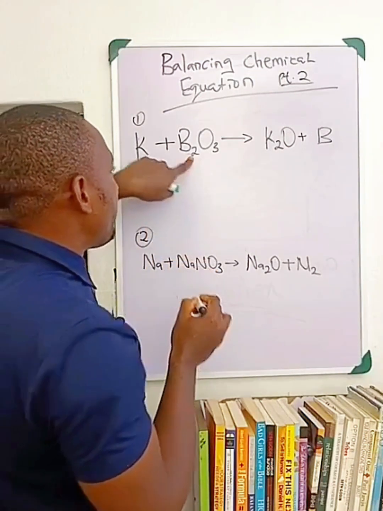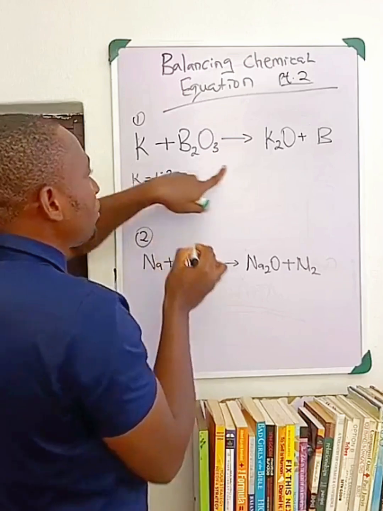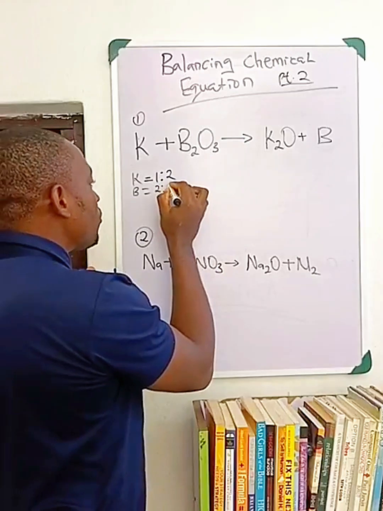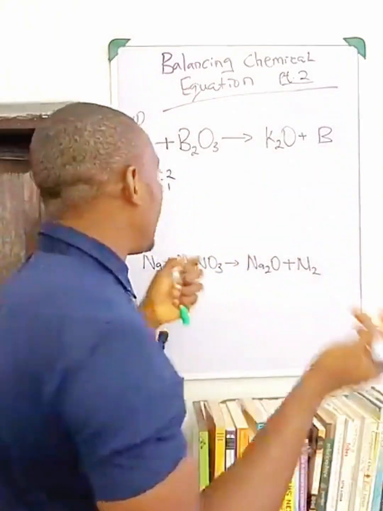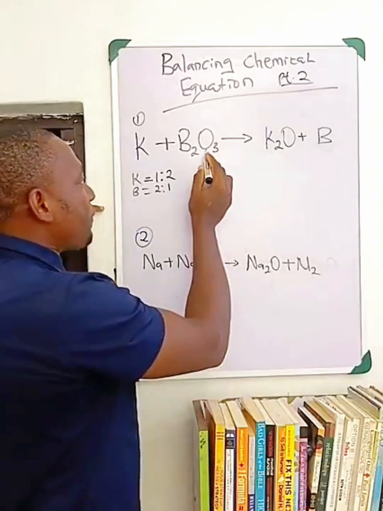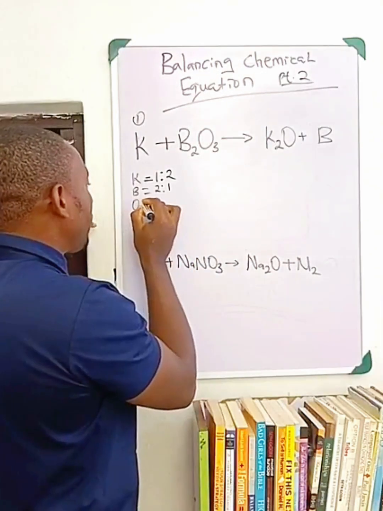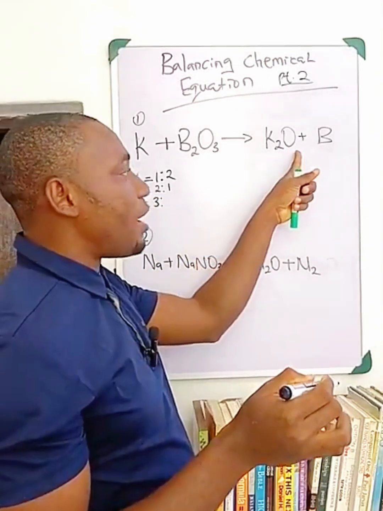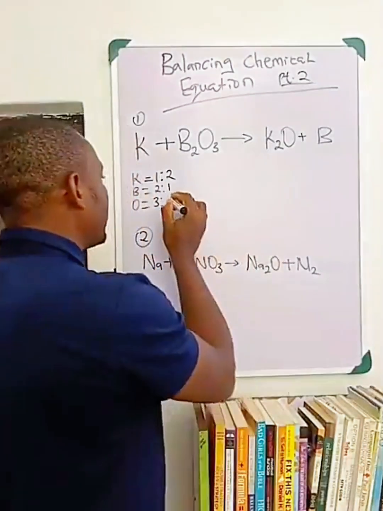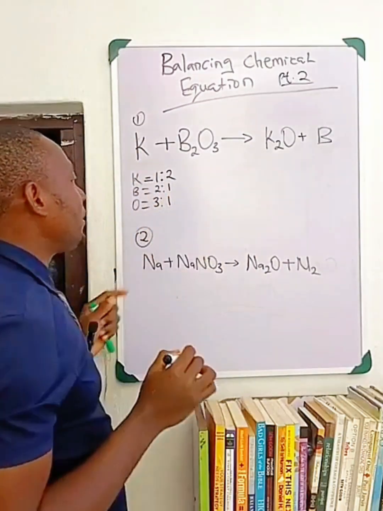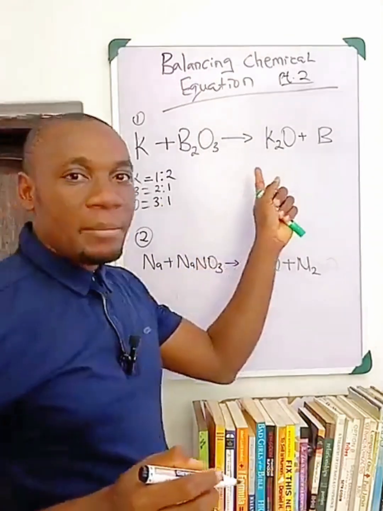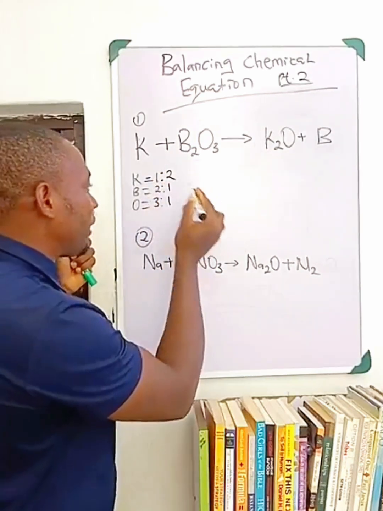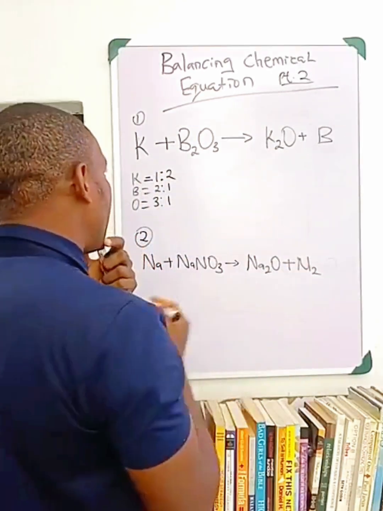Boron is 2 here, so that's 2:1, because we have only 1 boron there. It is not balanced. Oxygen, we have 3 oxygen here, so that is 3:1. It is not balanced. By the time we are done balancing this chemical equation, you should have things like 2:2, 3:3, 4:4, as the case may be.